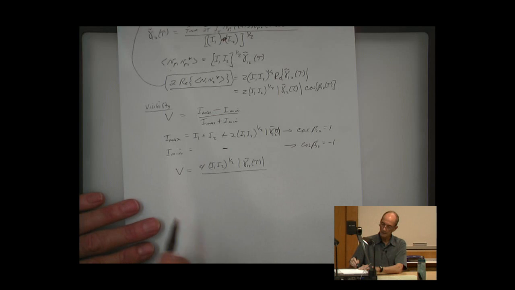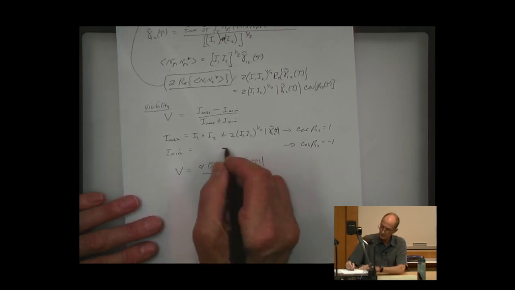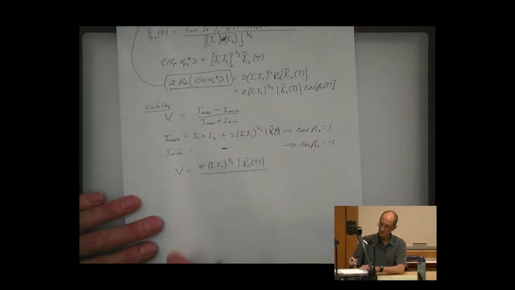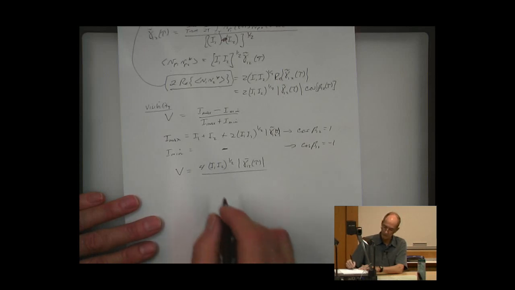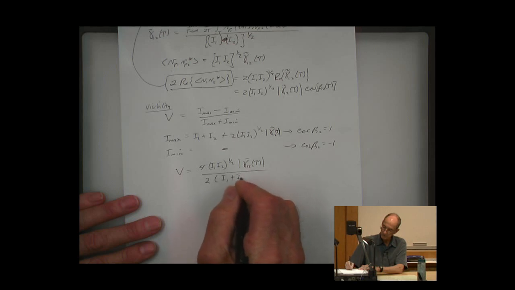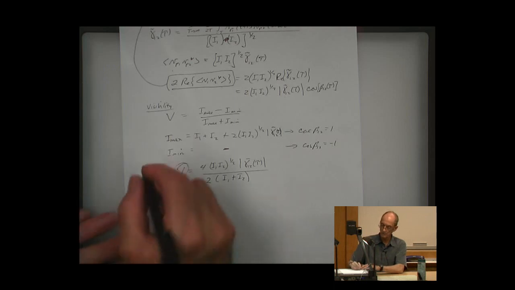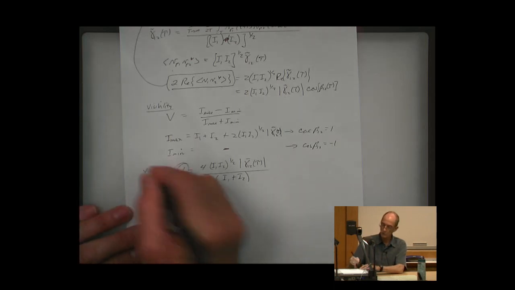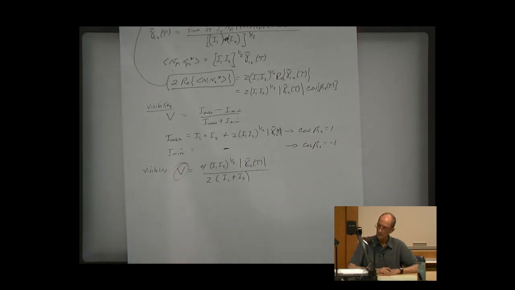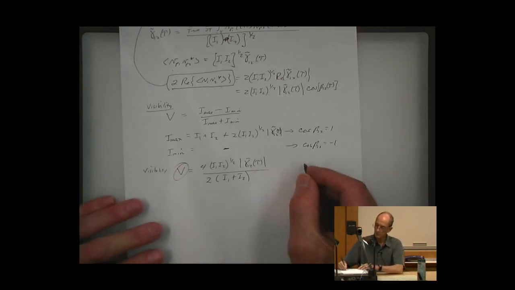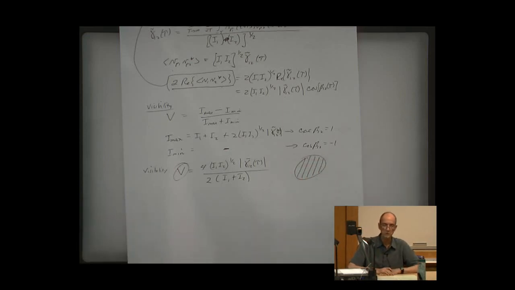In the denominator, since this is a minus sign, the interference term, the gamma term, drops out, and we're left with 2 times I1 plus I2. So visibility is something that we're very familiar with. I know we have a lot of V's and nu's running around, but that's the actual fringe visibility that we would see when we interfere two beams, like at our holography plate.